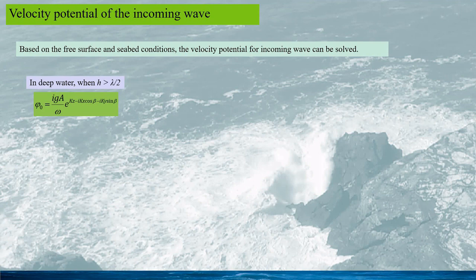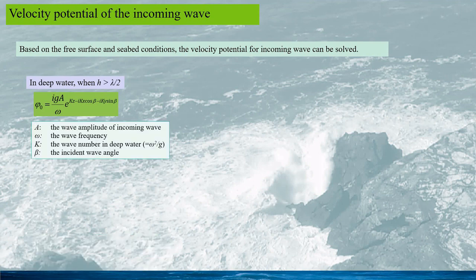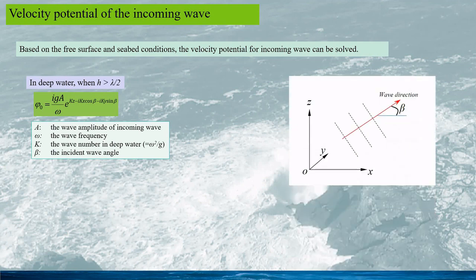The potential function for the incoming wave in deep water is given by this phi 0, where A is the amplitude of the incoming wave, omega is the wave frequency, capital K is the wave number in deep water, beta is the incident wave angle defined with the x-axis, see here in the plot.